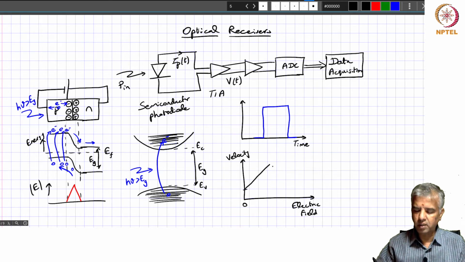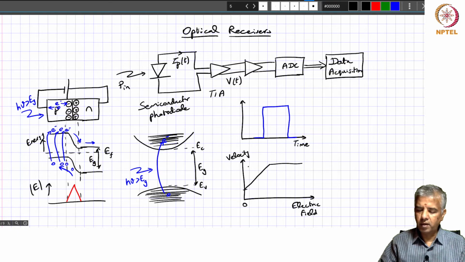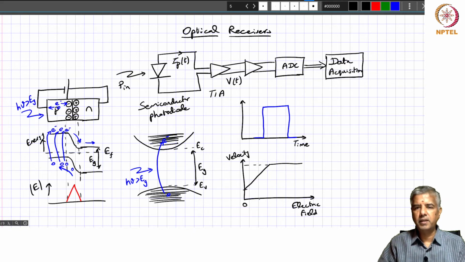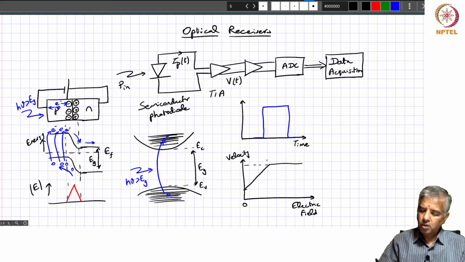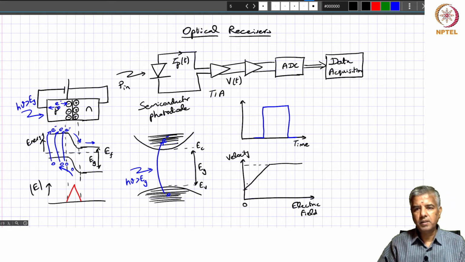Basically the velocity increases, and it attains a certain velocity which is called the saturation velocity, and then further increase in the electric field doesn't change the velocity. So this increase in velocity as a function of electric field is what we call the drift phenomena.